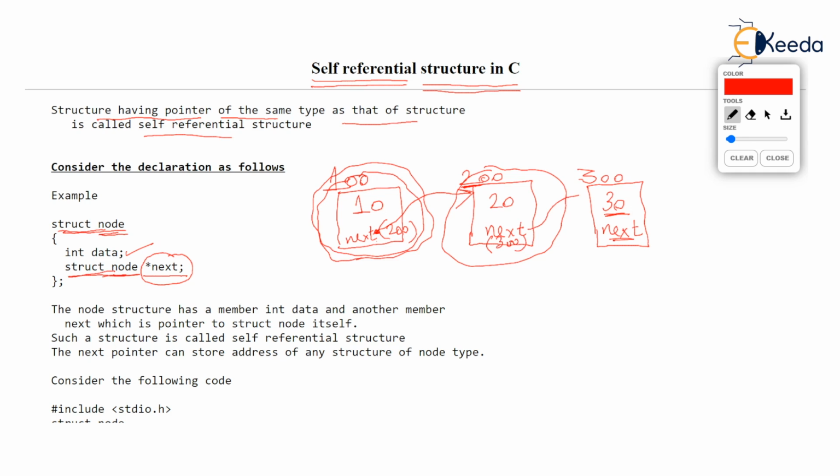Note, the next can point to this structure only because the structure which I am encircling now is a node structure. So next can point to any node structure, and all these are node structures.